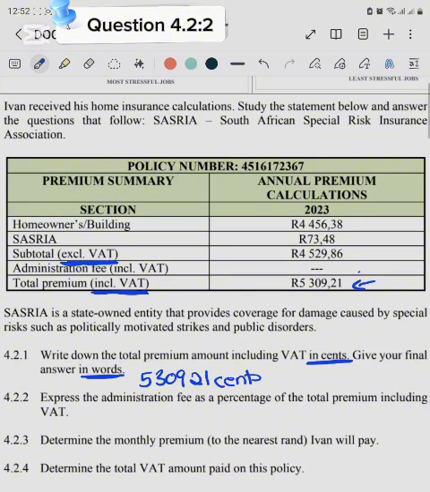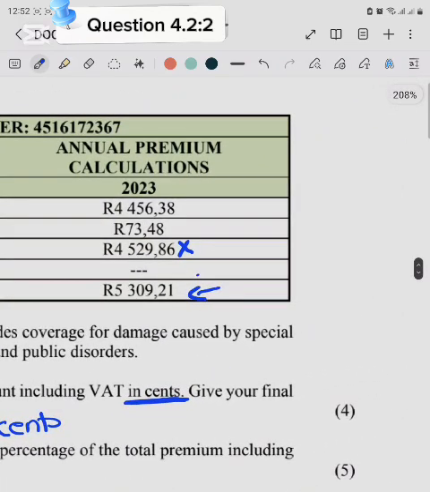Okay, this whole including, excluding becomes quite important in this scenario. So to find out how much this would be with VAT, I'm just going to multiply this by 1,15. You could also say plus 15% of the 4,000 rand. That will get me to a value of 5,209 rand and 34 cents.